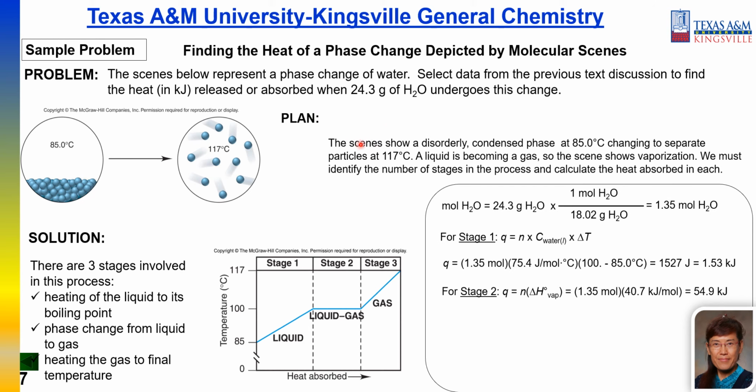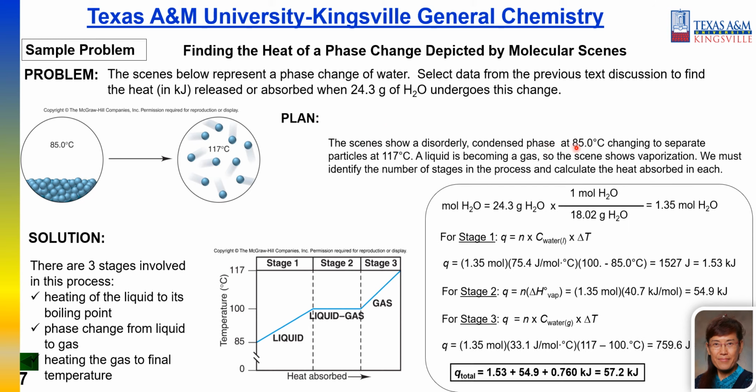Step 1: you want to show your temperature change from 85 to 100 by your liquid increasing temperature, and then at 100 Celsius liquid becomes gas, which is your vaporization. After you reach 100 Celsius, gas is going to be increasing its temperature. You have 1, 2, 3 steps. And then you are going to use the related equations to do the calculation.